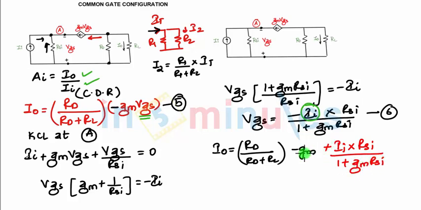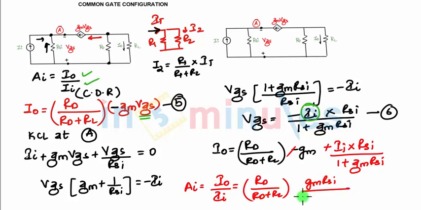When this negative goes, it becomes positive, and I can write IO upon II, which is nothing but my current gain AI, as RD upon RD plus RL times GM into RSI upon 1 plus GM into RSI.